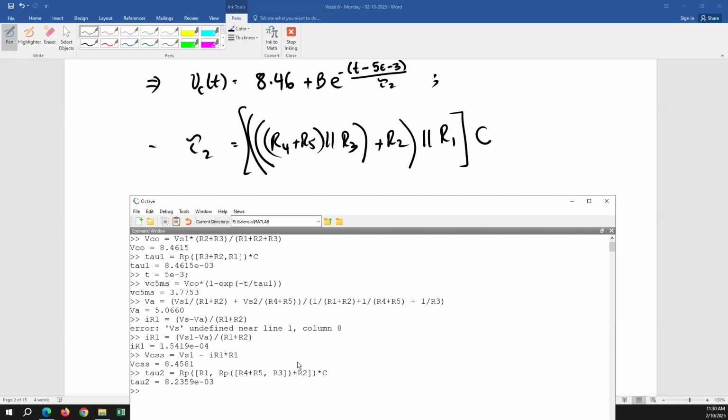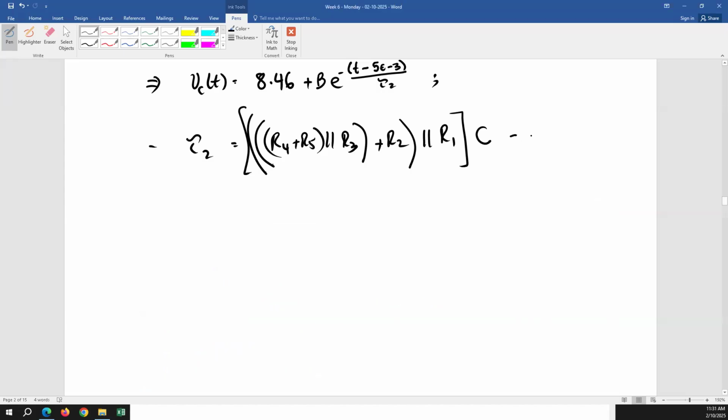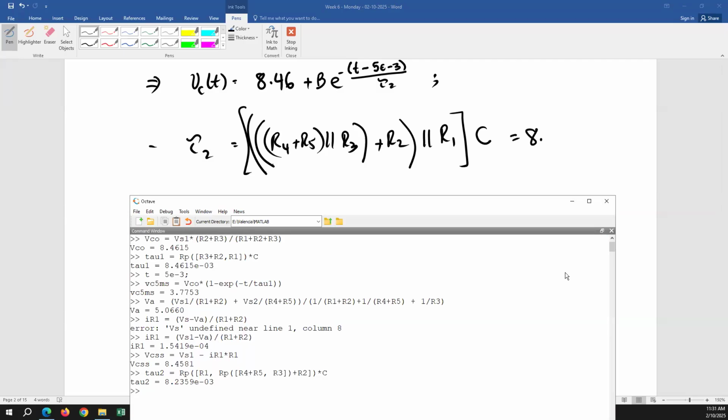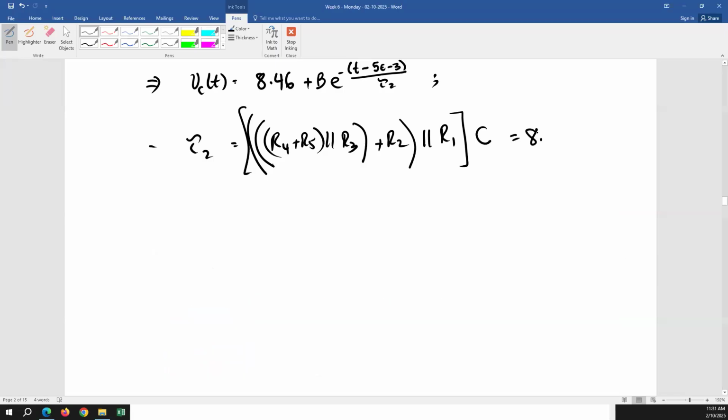Now observe how easy it is again if you have the parallel function. Only one line you have to write, and then you get the result. 8.235, so I'll say 8.24 millisecond.